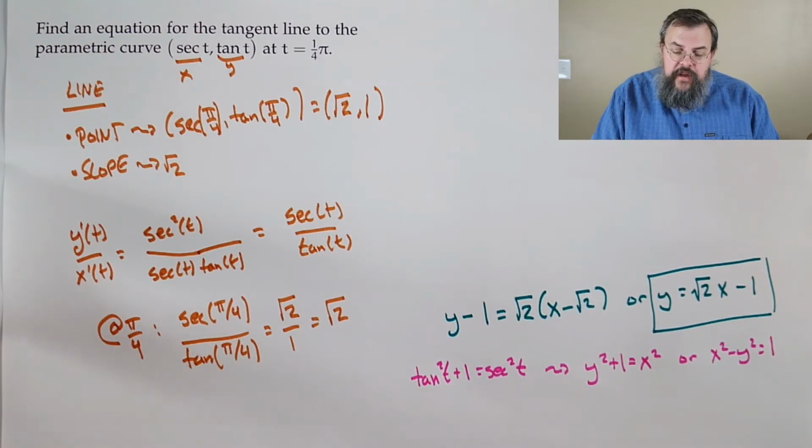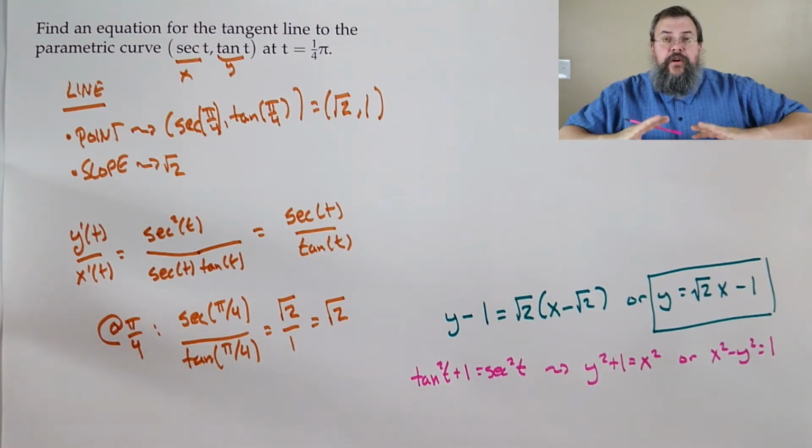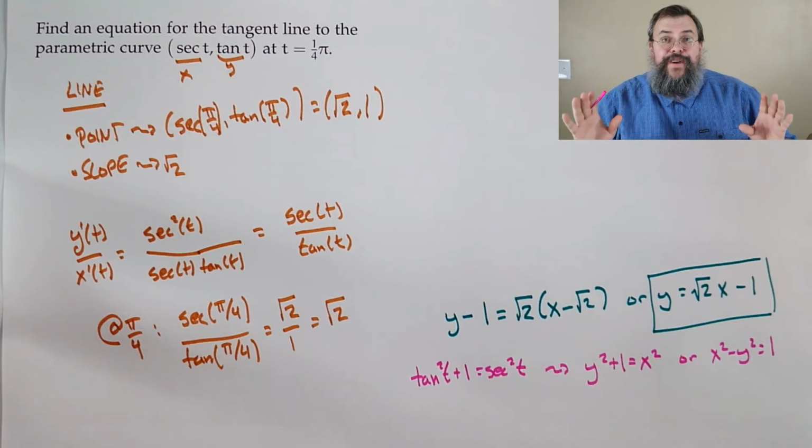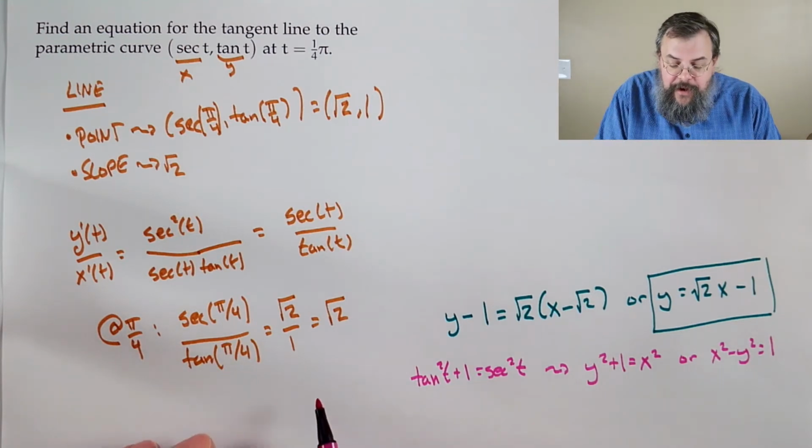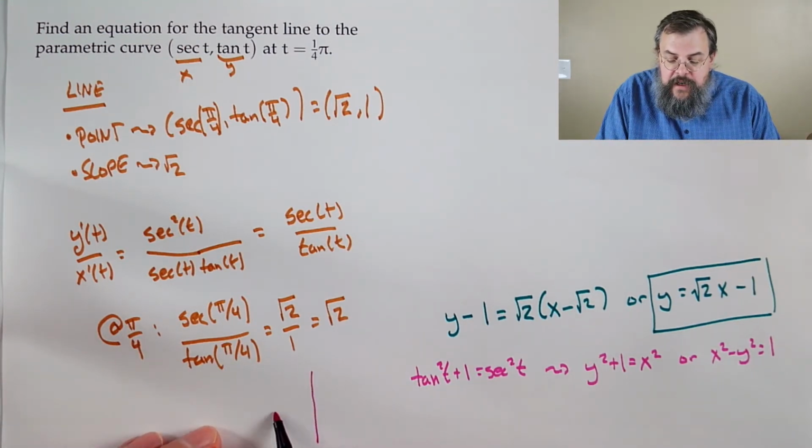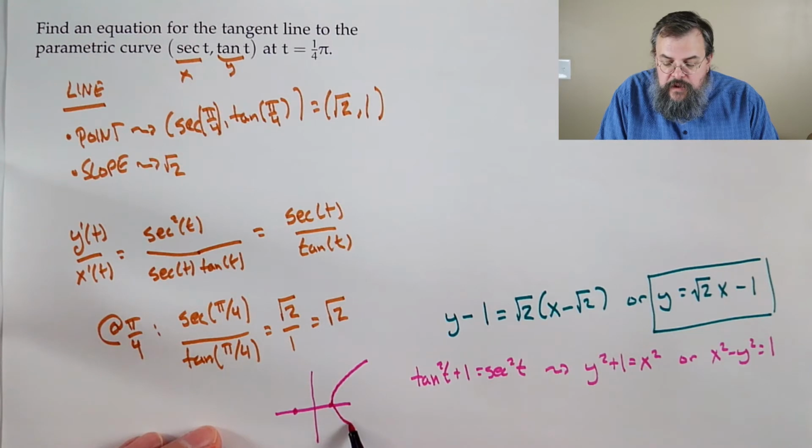So if you let secant and tangent range over all possibilities, you get the following picture. Namely, you get what's called the hyperbola. And you can show asymptotically it approaches the line y equals x.